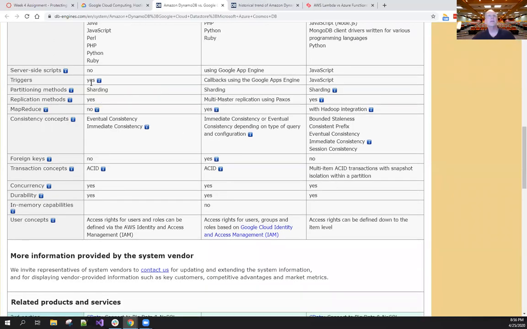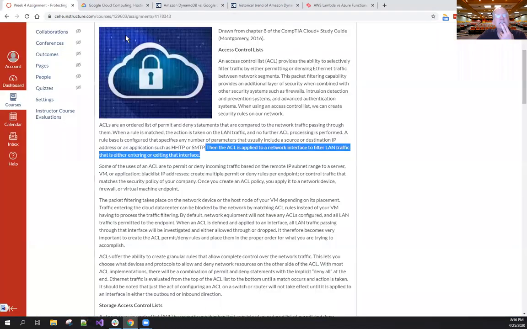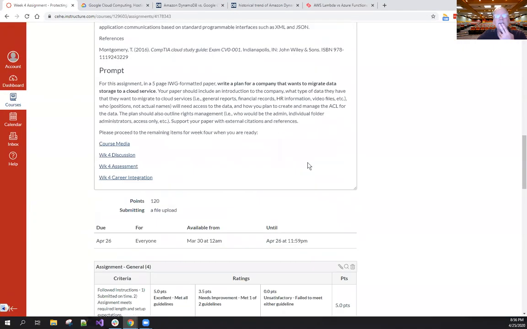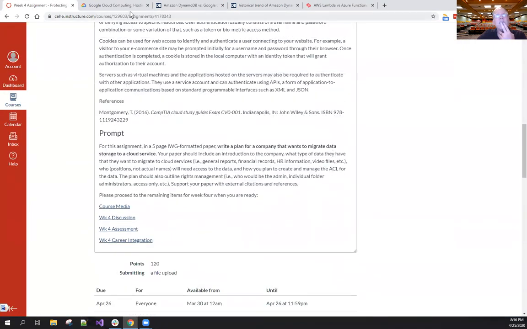Triggers. Yes, callbacks using partitioning methods. I don't even know what sharding is. Replication, map reduce. Okay, this is, remember our ACL conversation out there? ACLs?